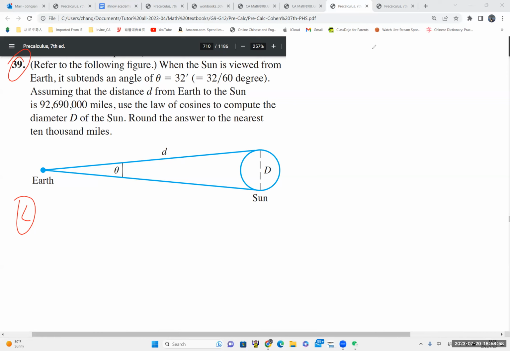Can you write the formula first, of the law of cosines?